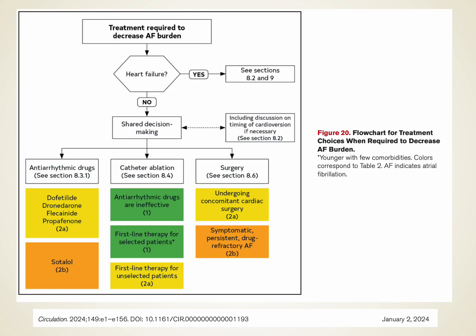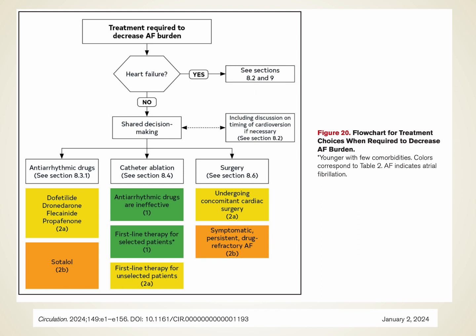The treatment decisions again have to do with heart failure risk and shared decision making. Your choices involve either drug therapy, catheter ablation, or surgery, and each of those has its own place. For the antiarrhythmic drugs, most often it's going to be one of these, and very much of the time it's going to be amiodarone or one of these other agents we'll talk about.